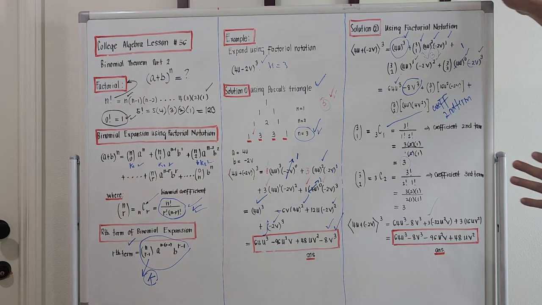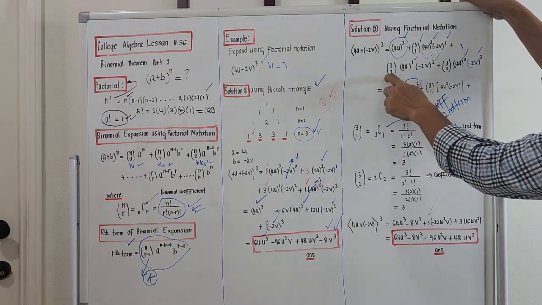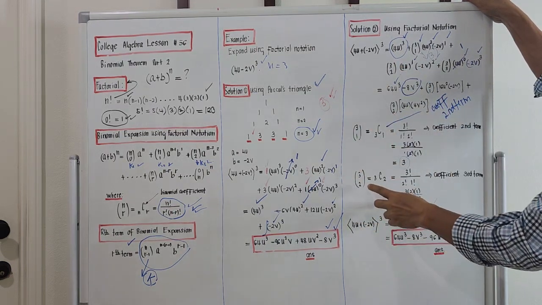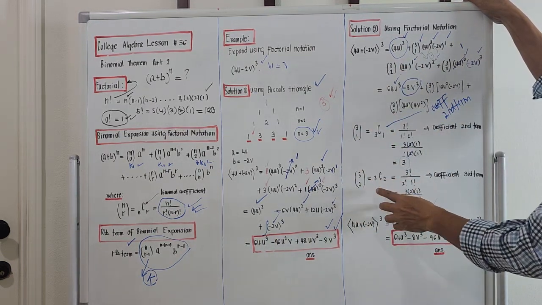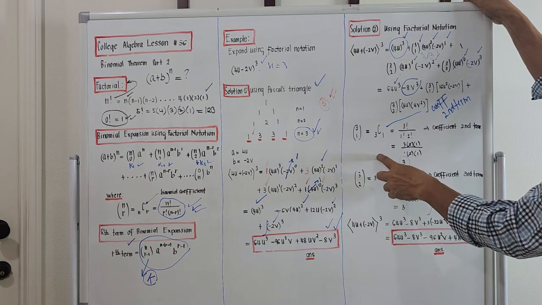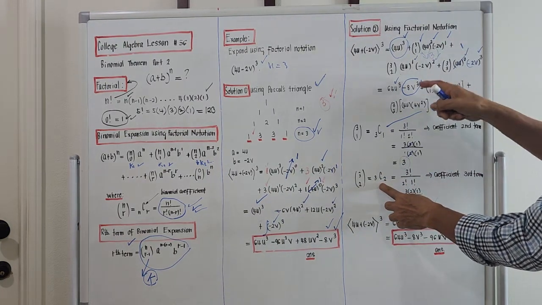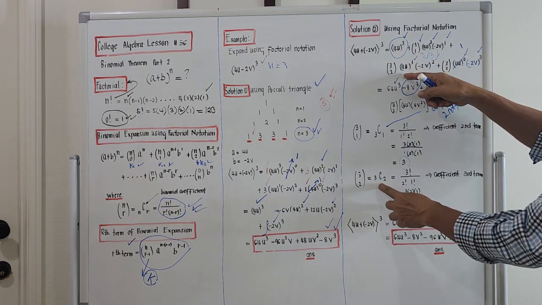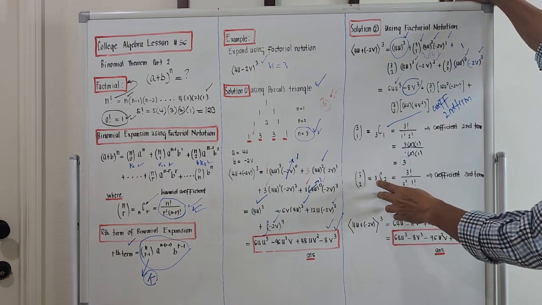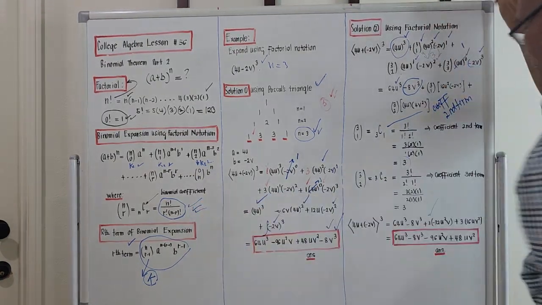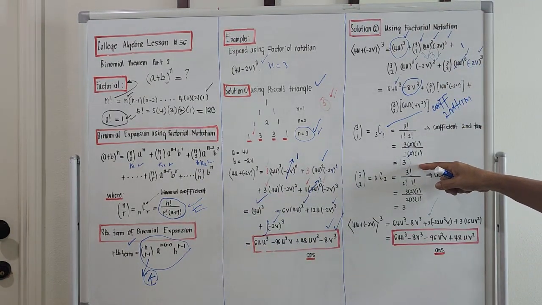Okay, the next coefficient, the coefficient 3 and 2. We must evaluate this one. The coefficient 3 and 2 will be written as capital C, 3, subscript 2, meaning the second coefficient, this one. So with this, by using this formula, it will be 3 factorial over 2 factorial.